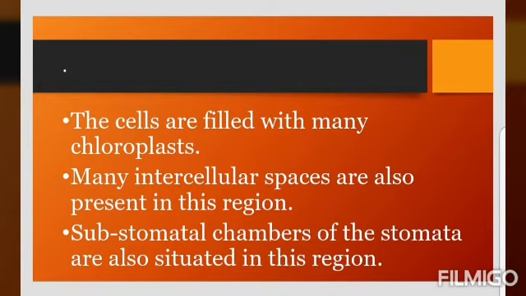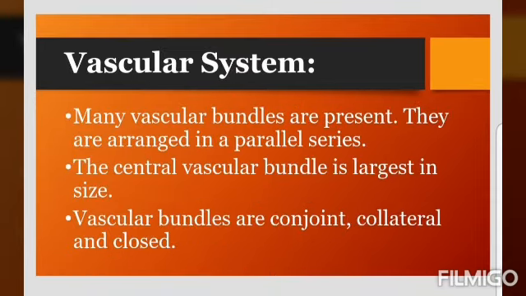The adaxially placed palisade parenchyma is made up of elongated cells which are arranged vertically and parallel to each other. The oval and round, loosely arranged spongy parenchyma is situated below the palisade cells and extends to the lower epidermis. There are numerous large spaces and air cavities between these cells.